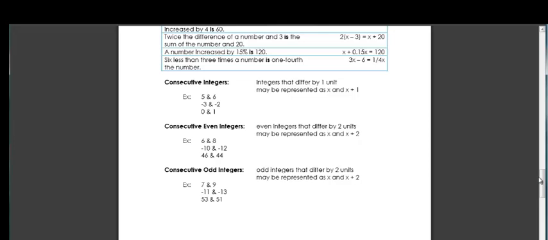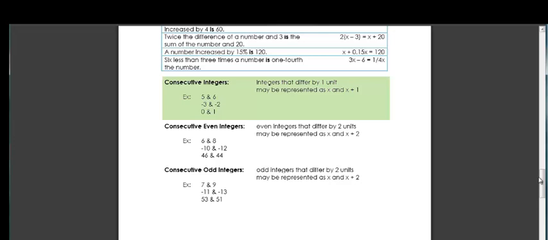But here are some definitions. We are going to have things called consecutive integers, and these are integers that differ by 1 unit. So an example of these is the numbers 5 and 6. Those are consecutive integers. They come right after the one in front of them.